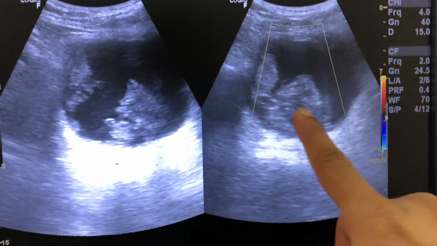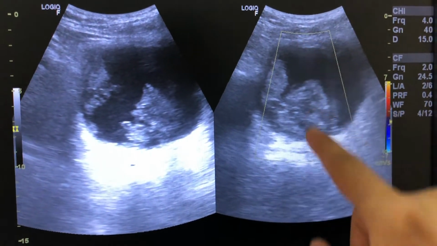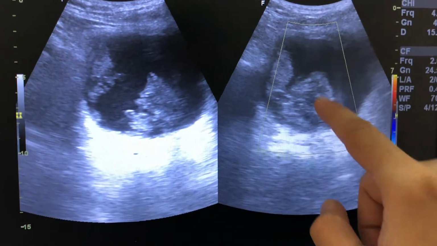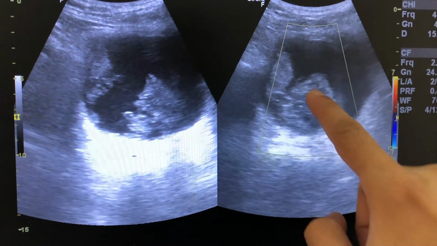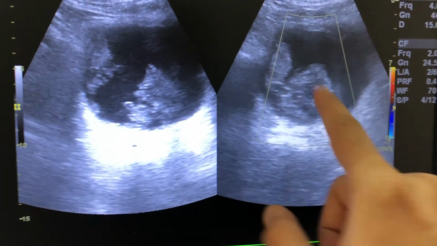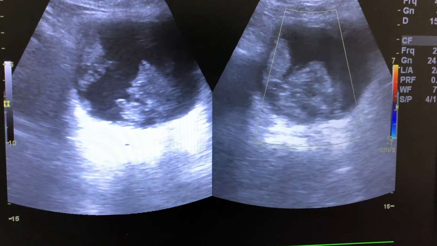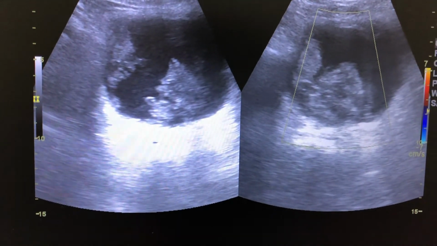In supine position, this is the posterior wall and this is the anterior wall, and the clots are located over here. They are not showing the vascularity. This is also in favor of clot.